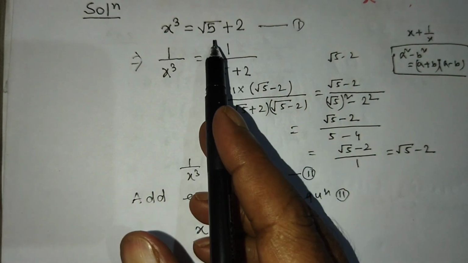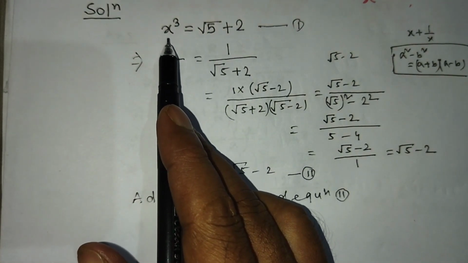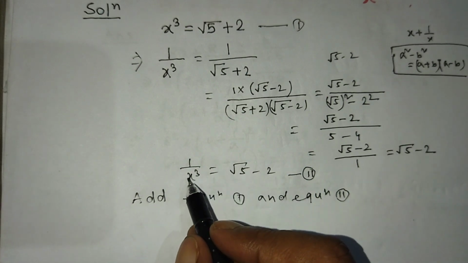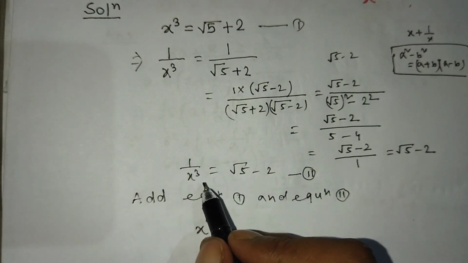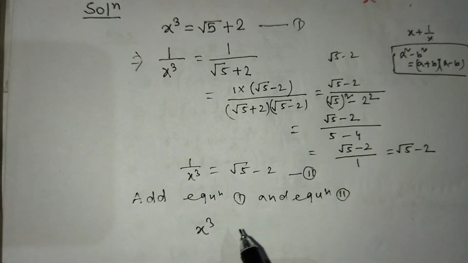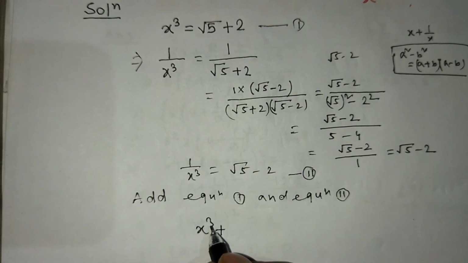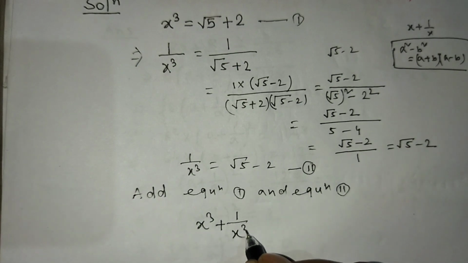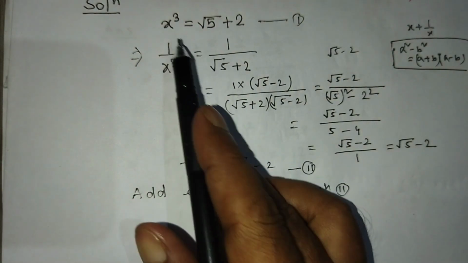Okay, so student, we write here x cube. In this equation the left hand side is x to the power 3, and in this equation the left hand side is 1 by x cube. So my dear student, we write x to the power 3 plus 1 by x to the power 3, left side plus left side.